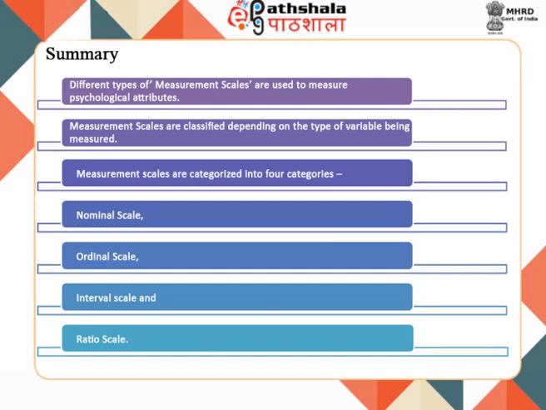Nominal scale represents the lowest form of measurement, in which numbers are used to represent categories. In an ordinal scale, a set of objects or people is ranked in ascending or descending order with reference to an attribute. Interval scale is characterized by ranked, ordered numbers along with equivalent differences between the numbers.